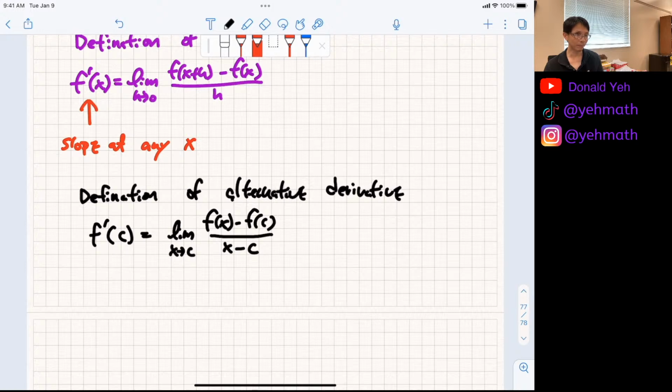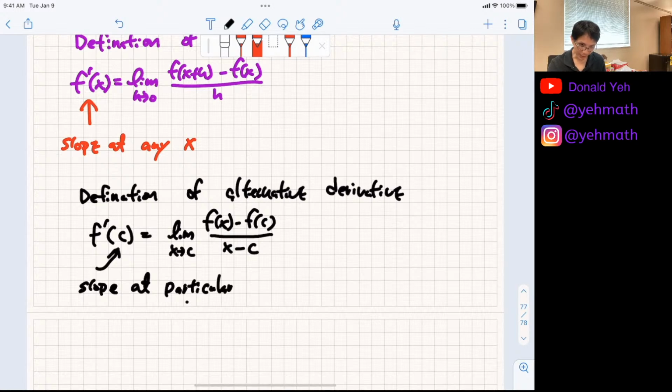If it's a new one, you say, okay, what is the difference between this one and the prior one? So this one is a slope not at any x, but at a particular x value, say the x value of c. So c could be 2, 4, or 5.